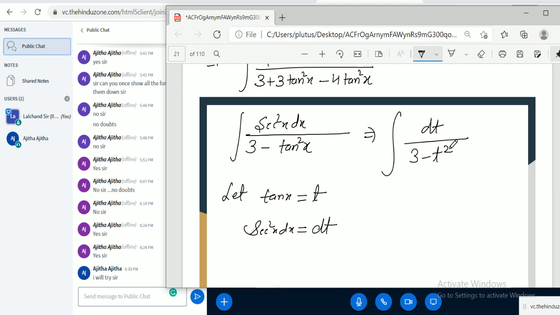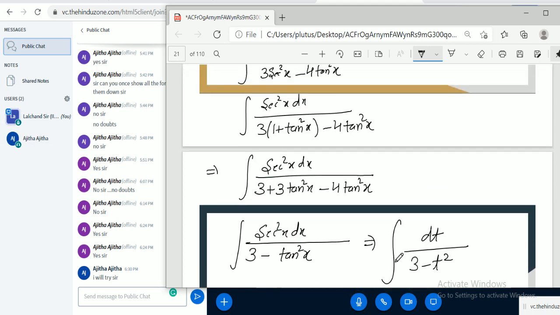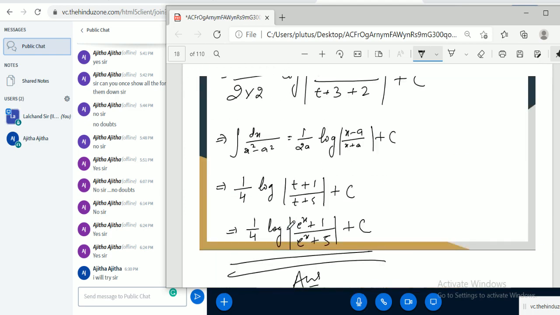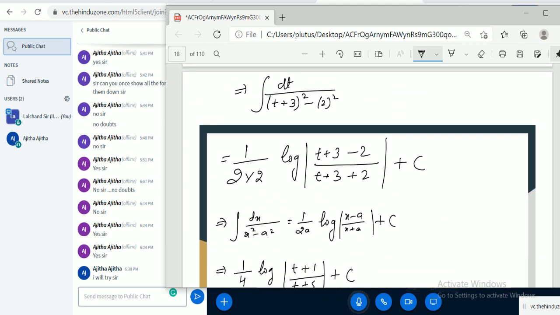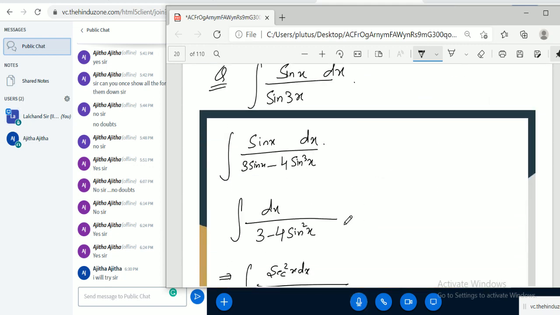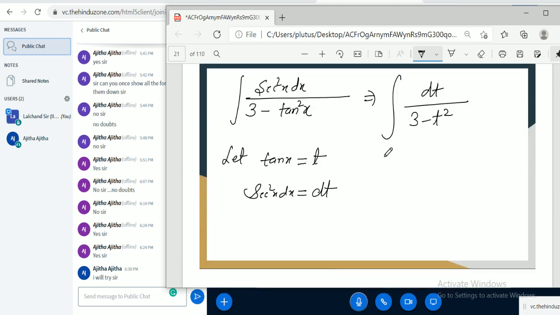Okay. So again this is the same form as this formula. So we can write the integral of dt divided by root 3 square minus t square.